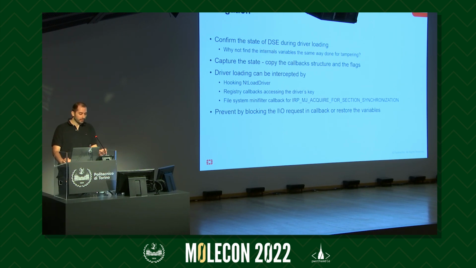We copy the values when we start, and then we need to figure out how to intercept the driver loading procedure. We can do that by placing a user mode hook, but that's pretty weak. We can instead try to use kernel callbacks, either on registry or on file system access, and then look up the internal variables again and match them to the state that we captured.